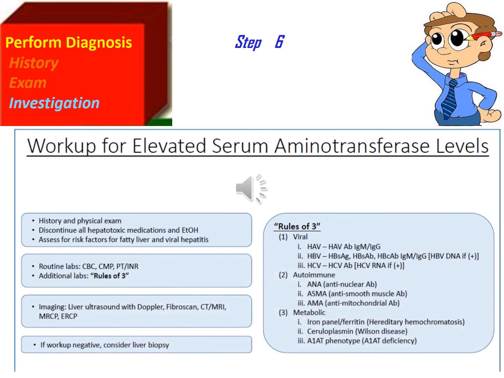Investigations. The workup for elevated serum aminotransferase levels is according to the history and examination. We will add specific tests according to the situation, according to the rule of three. If viral hepatitis is suspected, screen for hepatitis A virus by anti-HAV antibodies, IgM and IgG.